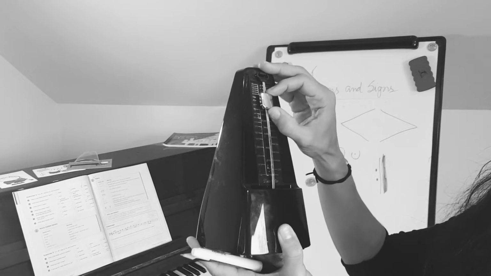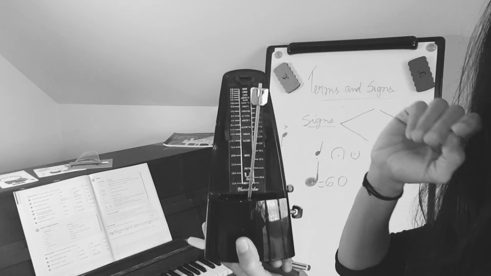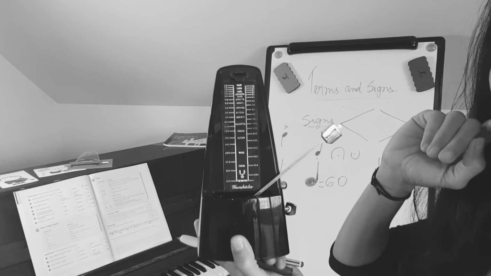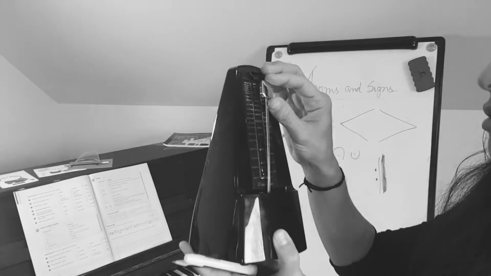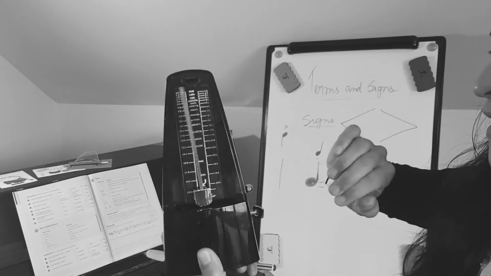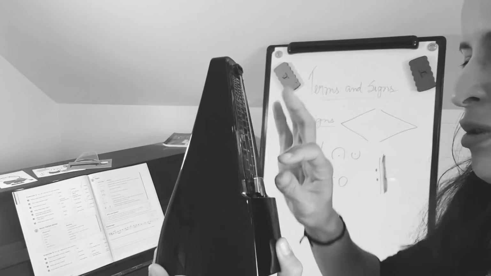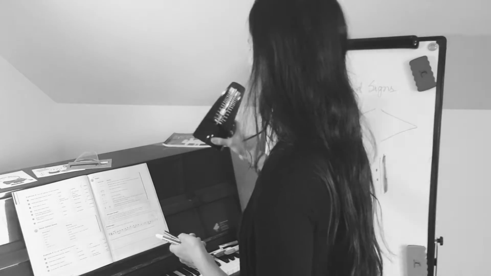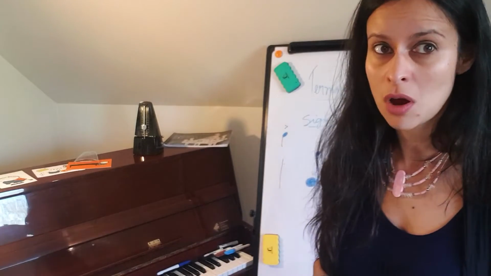Okay, now what about grave? 40 crochets a minute. What about prestissimo? Great, yeah. So it would be here 208 crochets a minute. Wow. Okay, so those are the signs we need to learn for grade 1 only, okay?